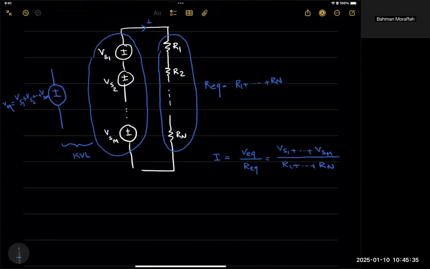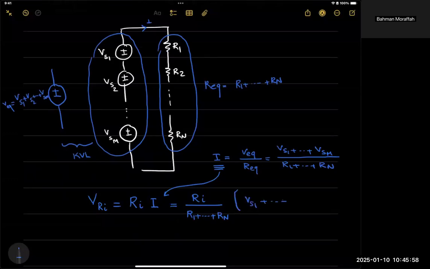Now, if I'm asked to find voltage across any of these Ri's, because of Ohm's law, that's Ri times I. We already computed I, so I can plug it back in here. So I have Ri divided by R1 all the way to Rn times VS1 plus VSM.